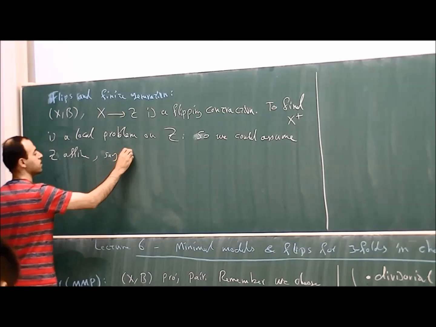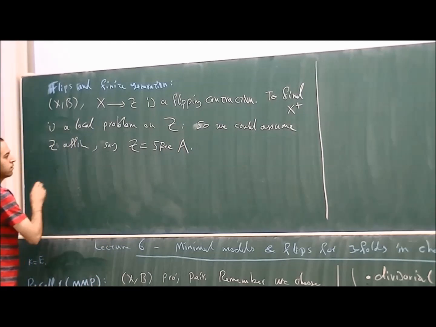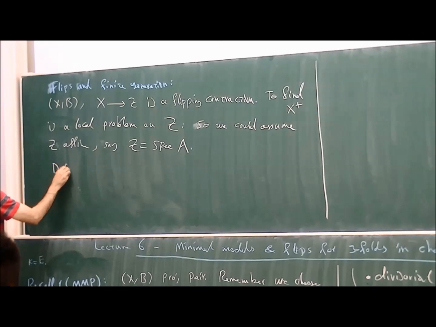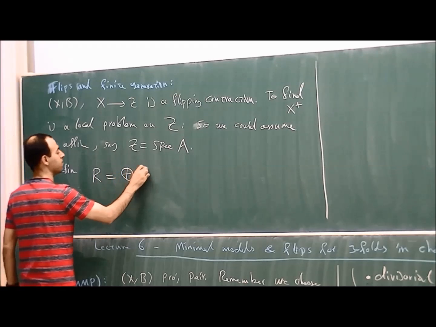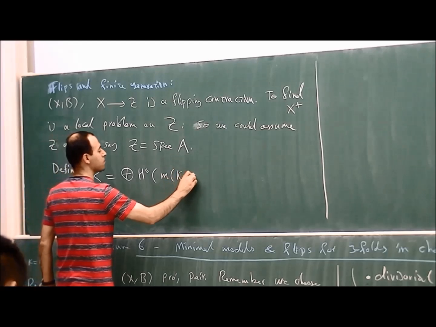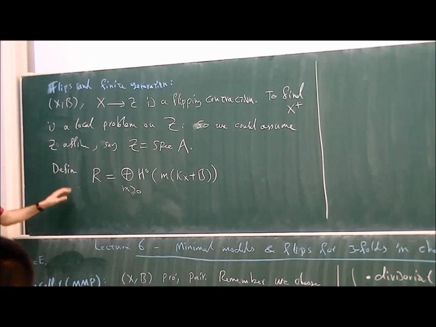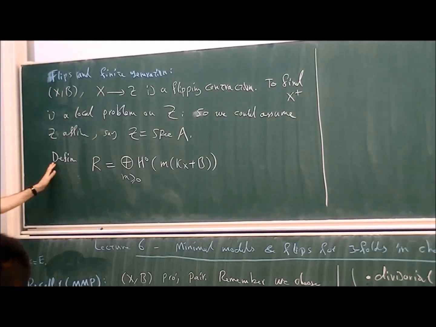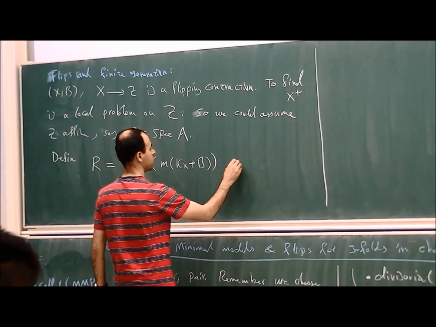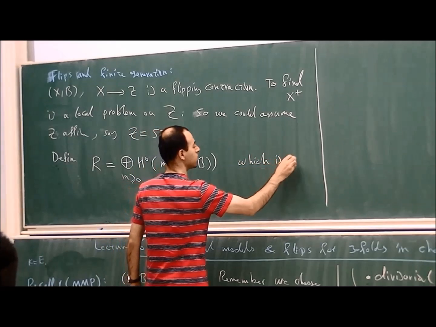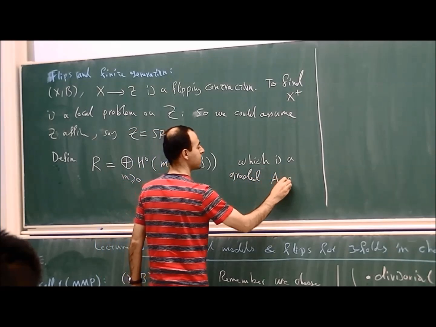So for instance, let's say Z is just the spectrum of some ring A. Then I can define this algebraic object, define R to be the direct sum over m of H0 of m times (K plus B), where the m are all the non-negative integers. So this object has a natural ring structure. So this is a graded algebra.